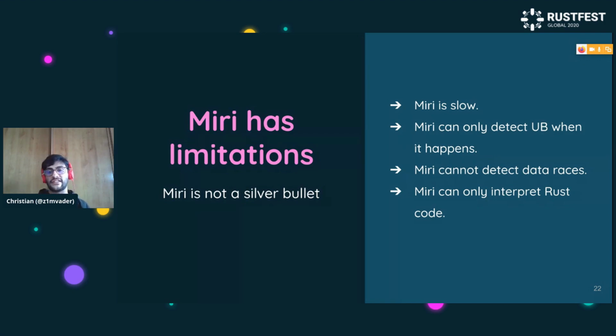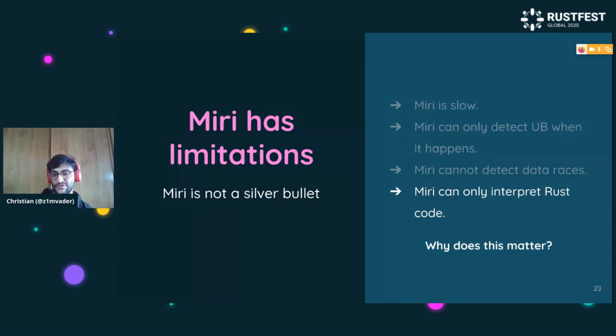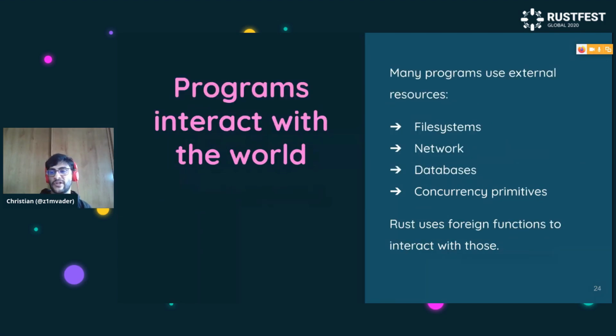Also, Miri cannot detect data races yet. There is no way to reason about data races. And again, Miri can only interpret Rust programs. This one is super important. You might be wondering why this matters. It's because programs don't run in isolation.